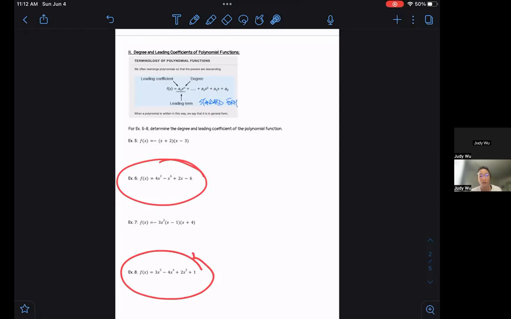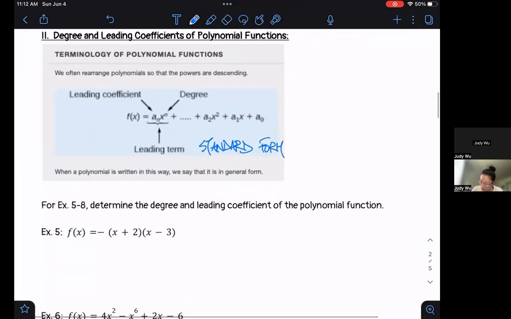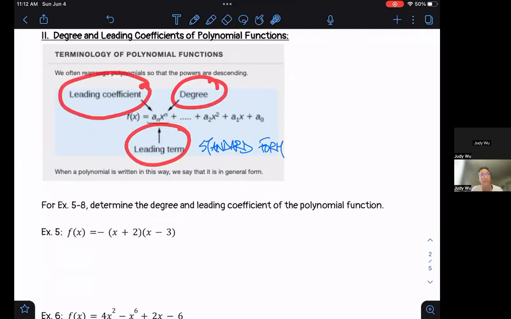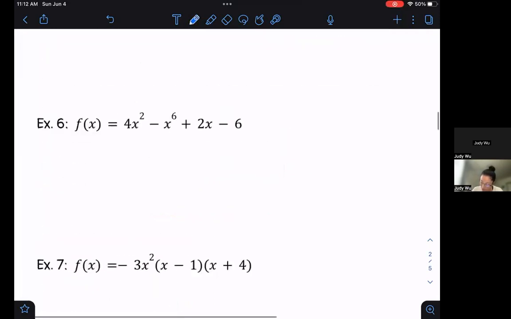It's already FOILed for us, okay? So in standard form, if we want to find the degree and the leading coefficient, we have to find the term that is the leading term with the highest degree, and then that number in the front is the leading coefficient, all right? So let's see with example 6.